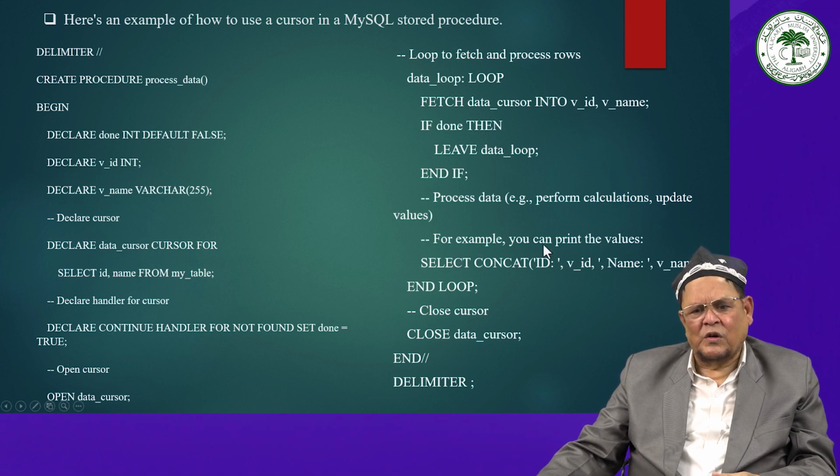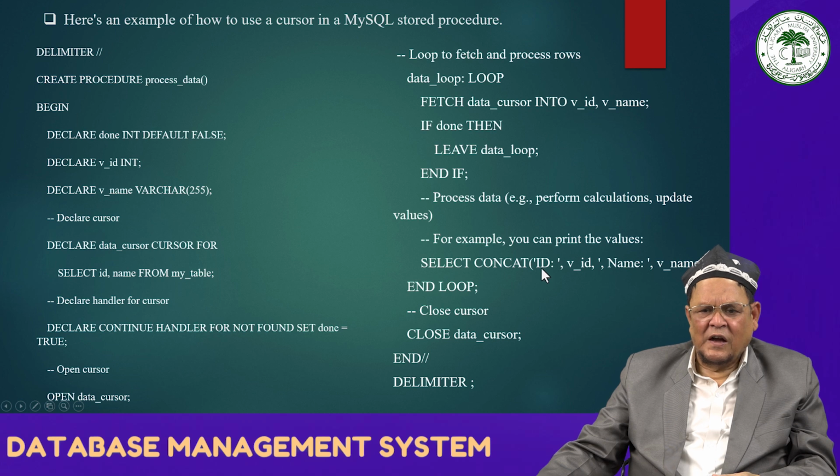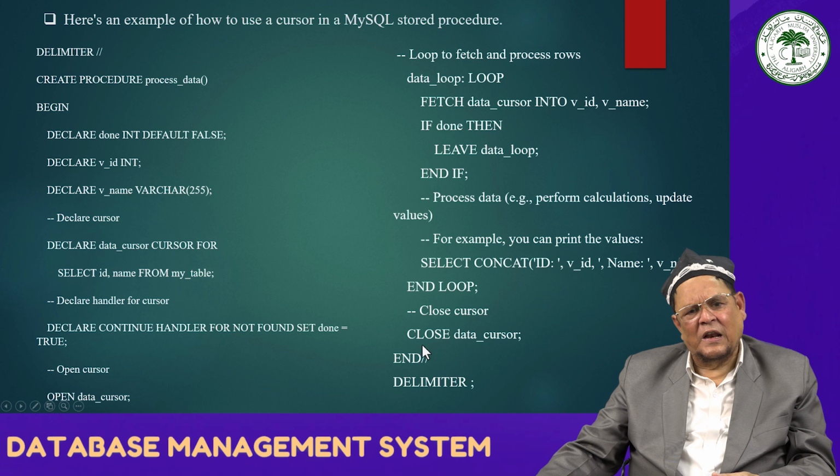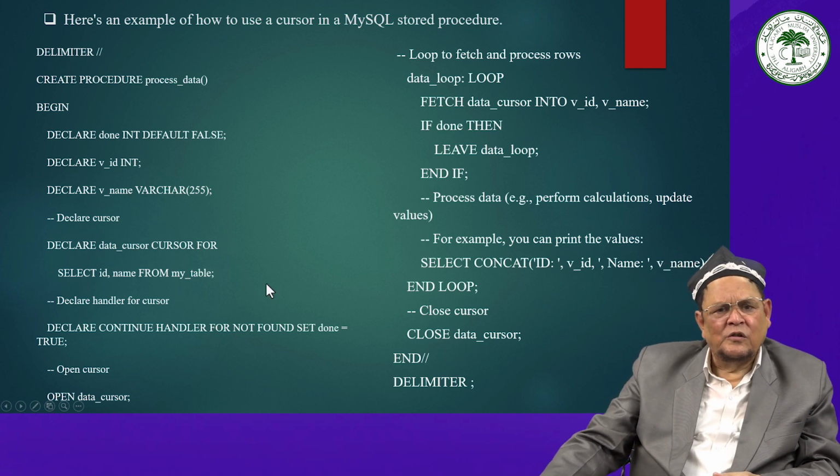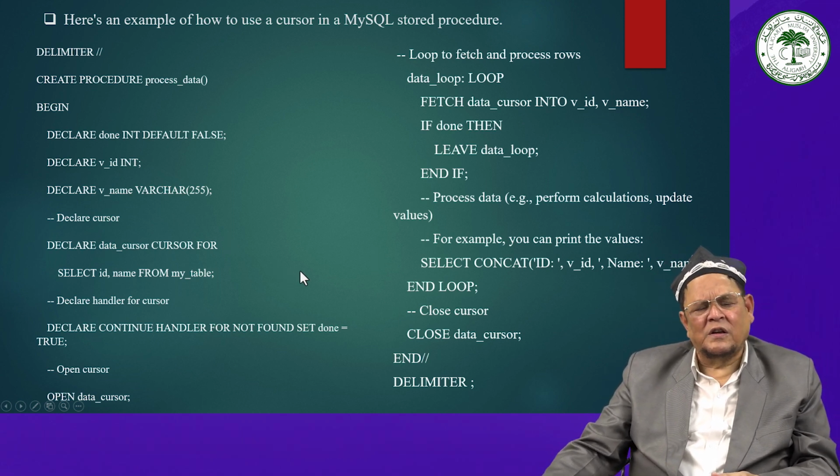For example, you can print the value. How do you print? Select concat, ID, vid, name, and vname, end loop. Then how will you close the cursor: close data_cursor and delimiter. In this way, you are able to use a cursor in MySQL.